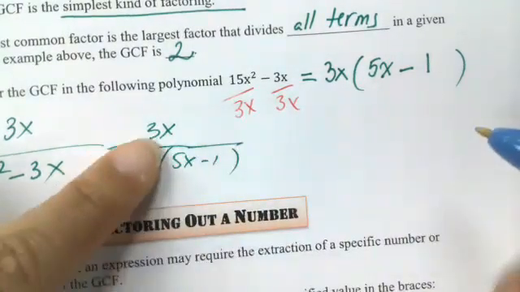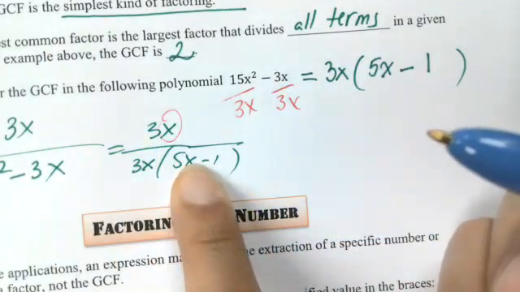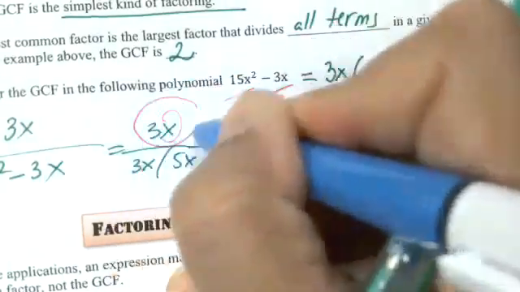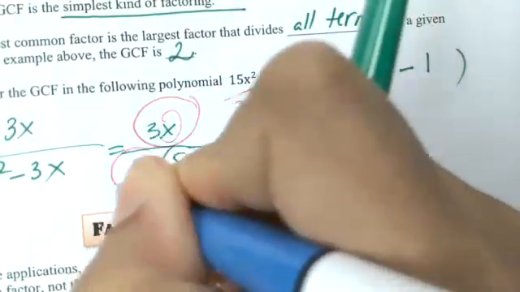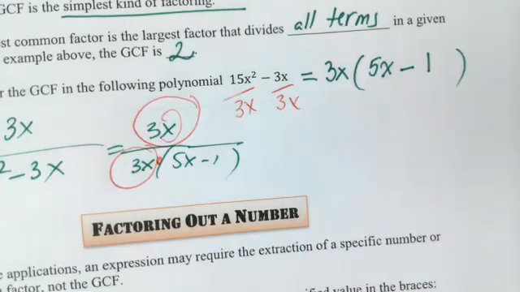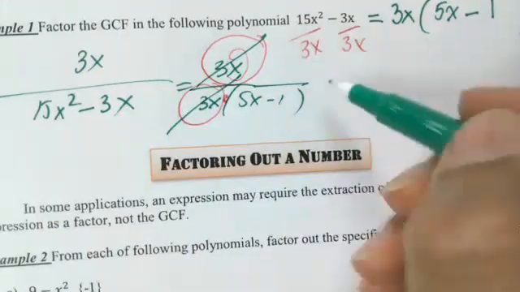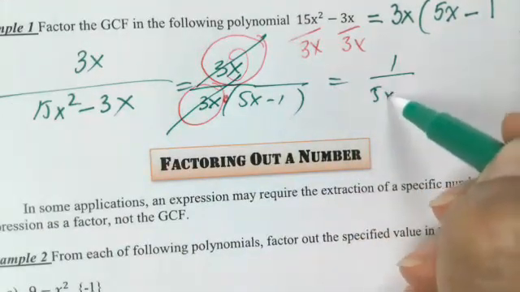Okay, so I can't cancel this x from here with that x from the 5x. It's not allowed. But I can cancel 3x entirely with the 3x from here because I have times right there. So you can only cancel factors, but not chunks that are added and subtracted. Clear? Okay. So that's why you need to learn this skill. And then you'll be left here with 1 over 5x minus 1.